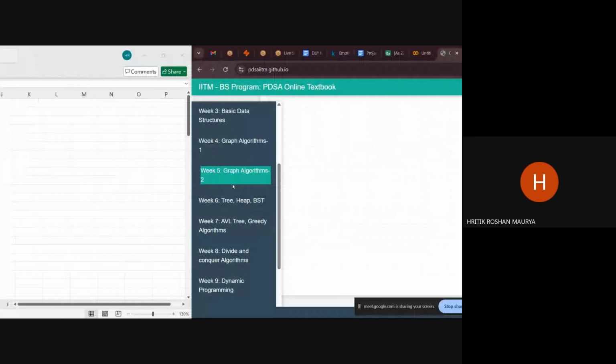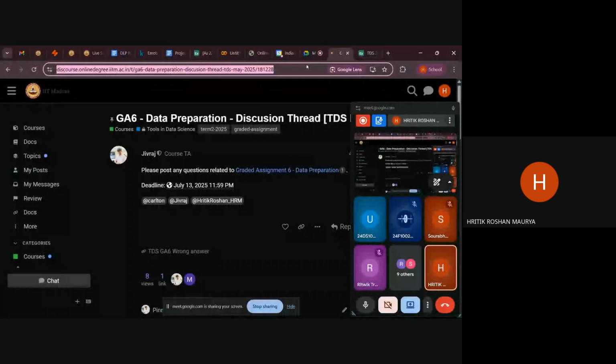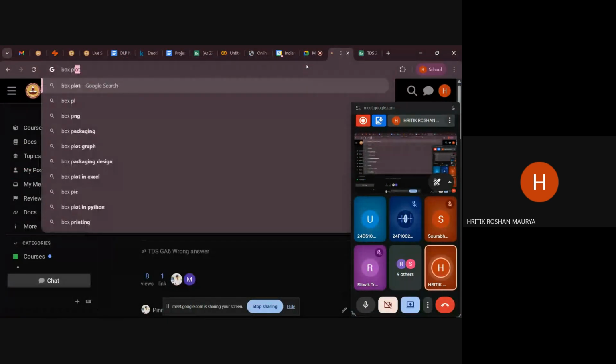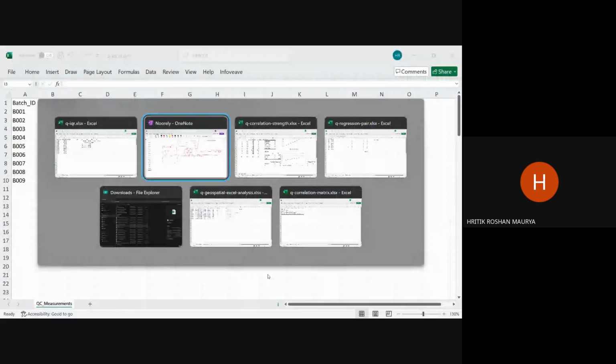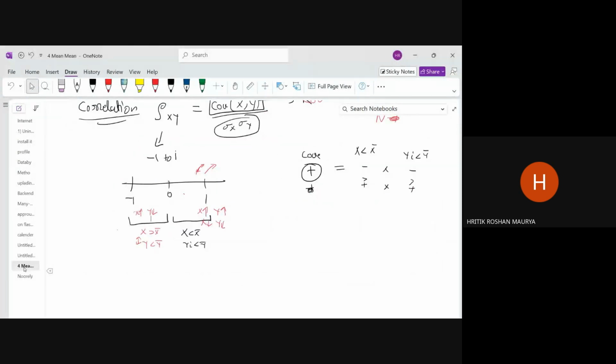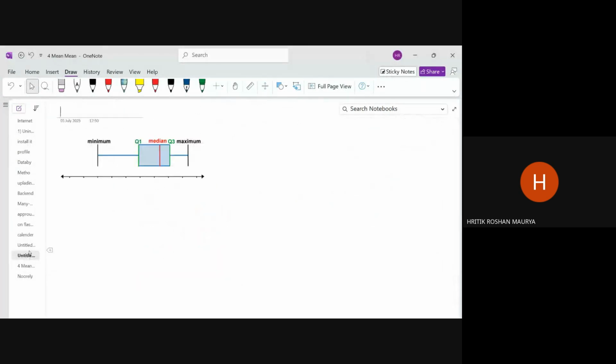So what do I mean? Maybe I should show one diagram. Box plot quartile. I think I have already done it. Yeah, here it is done. So maybe your data is like this. This is the value 10, this is the value 100.